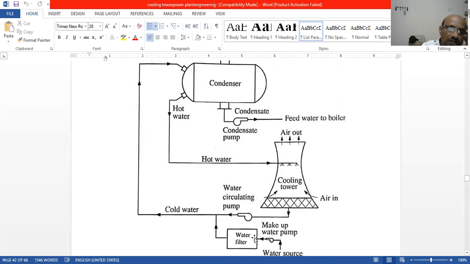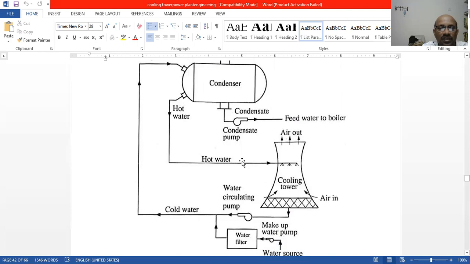From this water source we send the cooling water to the condenser. Again here is the steam, and this steam is condensed, and the water comes out as hot water. This hot water goes to the cooling towers, where we will discuss the cooling towers.